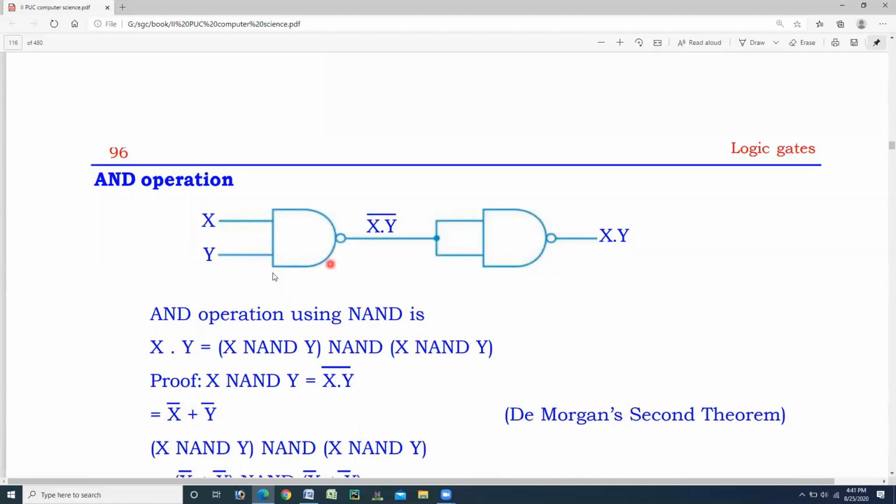To do that, keep it in mind that if you want to realize AND or NOT basic logic gates from NAND, first, what is NAND? We know that NAND is a combination of NOT and AND gate. NOT and AND combination becomes NAND.